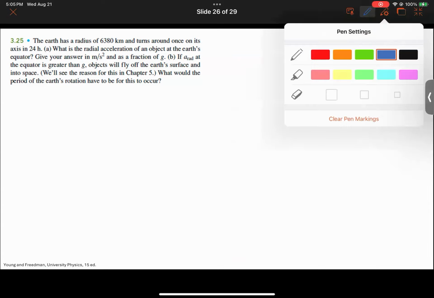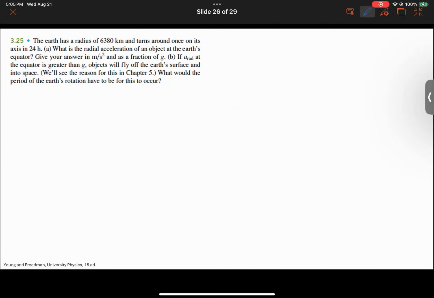Now let's consider this example. The Earth has a radius of 6,380 kilometers and turns around once on its axis in 24 hours. What is the radial acceleration of an object at the Earth's equator?